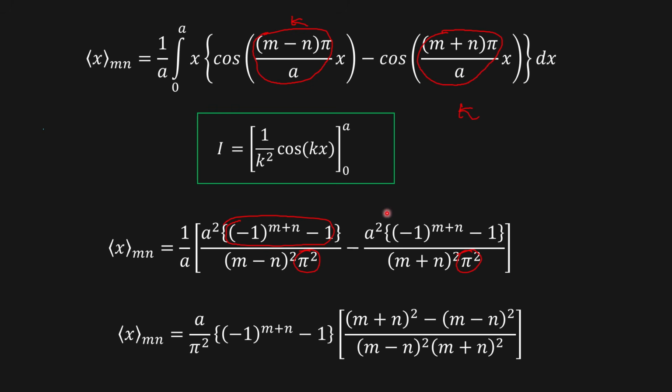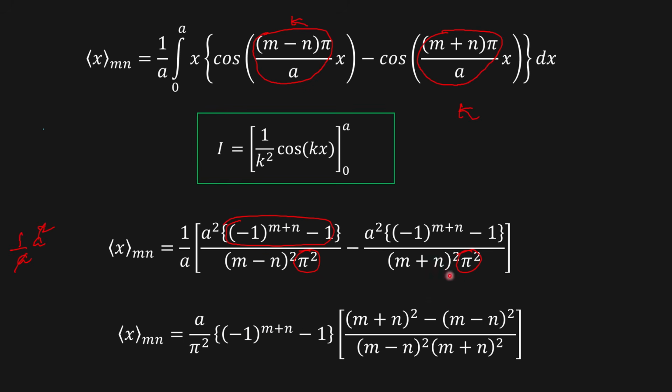So here as well as here. I have already taken a squared outside, so a squared will get cancelled with this a. That is 1 over a. Then this will become a over pi squared times (minus 1) whole power m plus n minus 1.